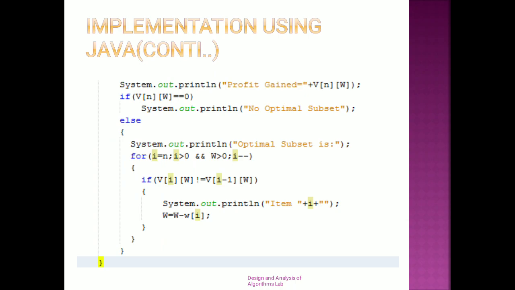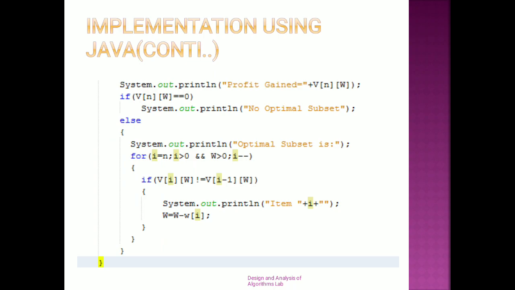Here i is nothing but n, the last row. If V of n, W is not equal to its previous row value, V of i minus 1, W, then the item is considered. If it is equal, the corresponding item is not considered. Here it is not equal, so we print item i in the optimal subset.